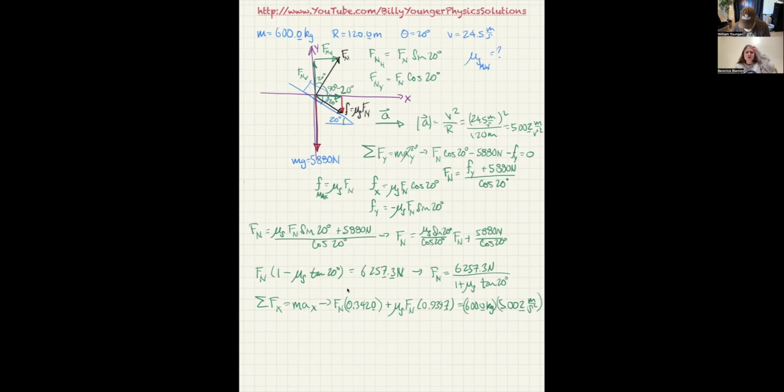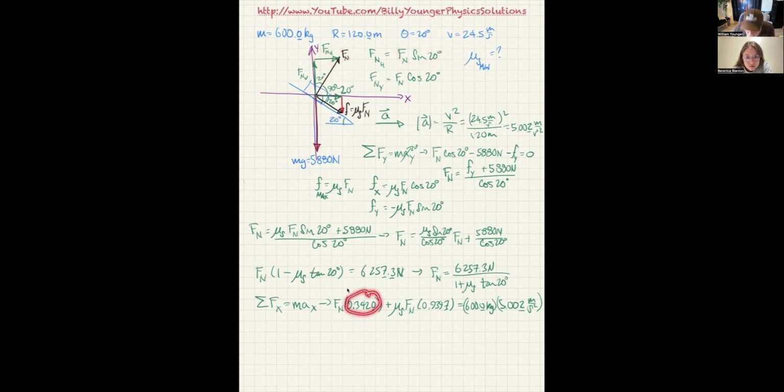Professor, in this step that you just did, you have the normal force, and we're talking about the x direction, so is that using the cosine of 20? And then what are you adding to it? The friction force? Just to remind you, this force right here is in the x direction, and that is Fn sine 20.